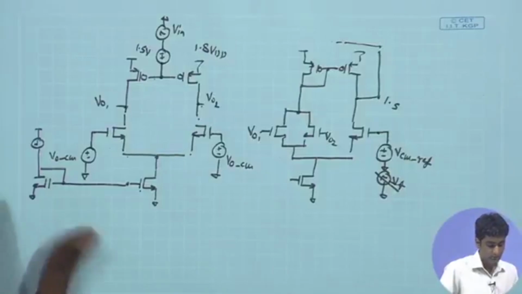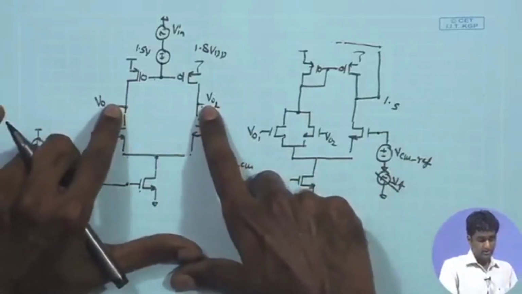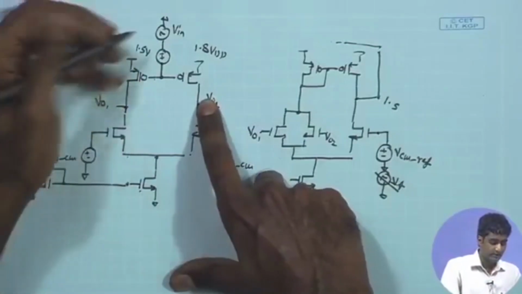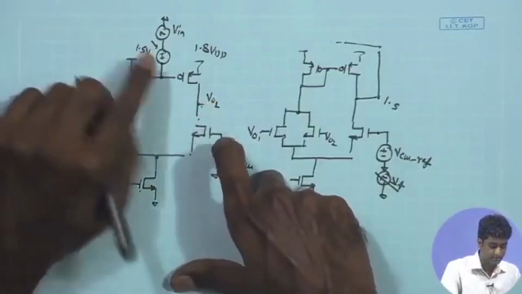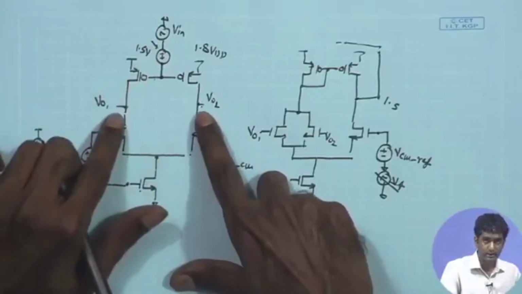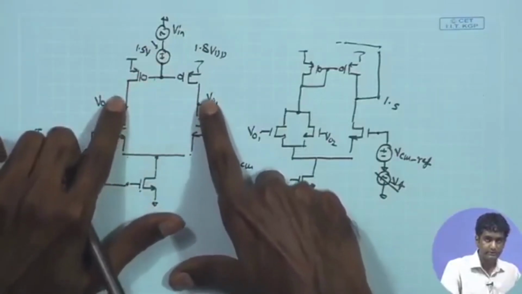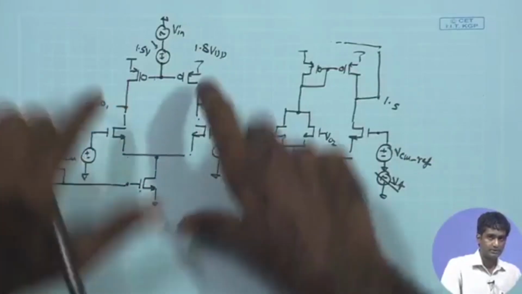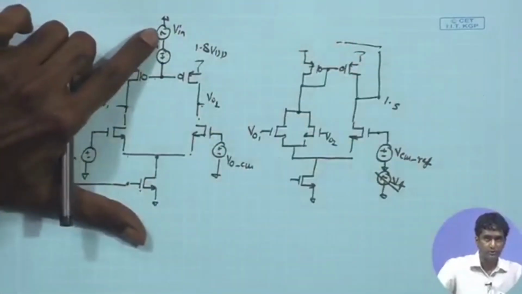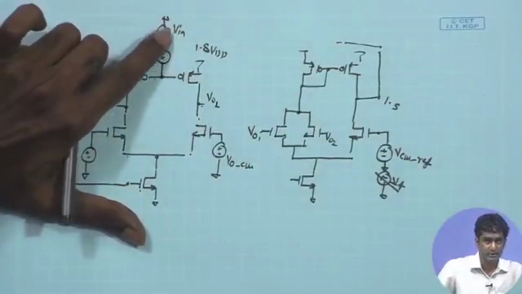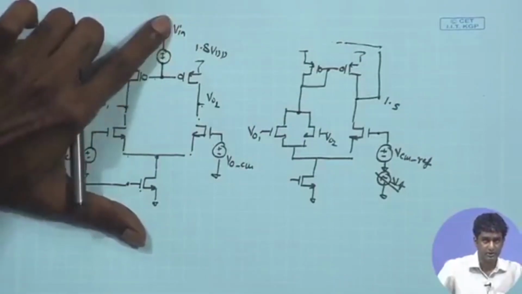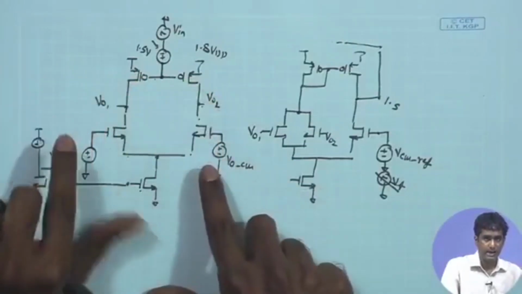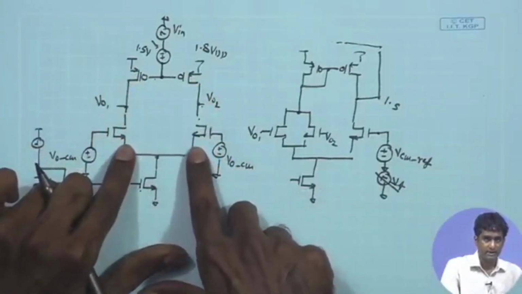And one point to note is that this is a high impedance node, and therefore, even a small change in this DC voltage 1.5 volt can result in a significant change in the DC bias over here. Because if you look at the input point over here with respect to this particular DC plus AC combination, this is acting like a common source amplifier with input as the PMOS, and these are just acting like the load device.